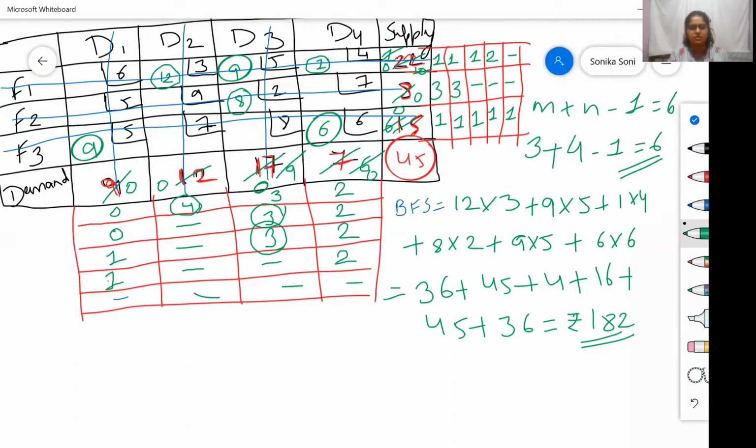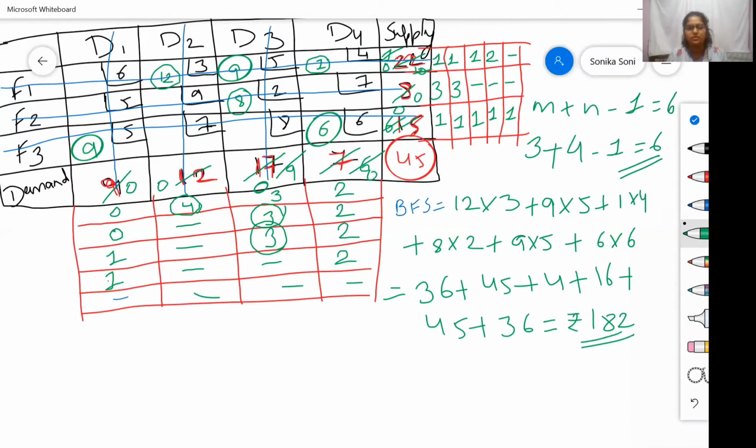First, the NWCM method gives the highest transportation cost. Then the LCM method gives a little less than NWCM, but more than Vogel's approximation method.